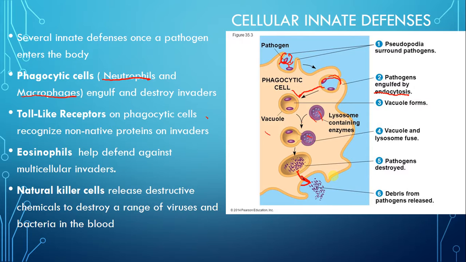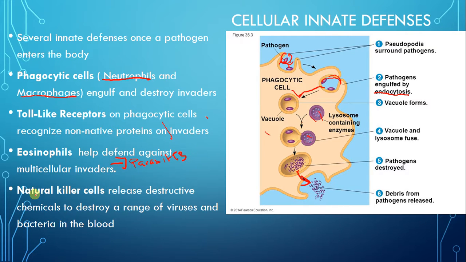Eosinophils are another type of defense cell that helps to defend against multicellular invaders. Eosinophils will become very active. Your eosinophil count, like on a CBC, will show an increased eosinophil fraction if you have parasites or parasitic worms.